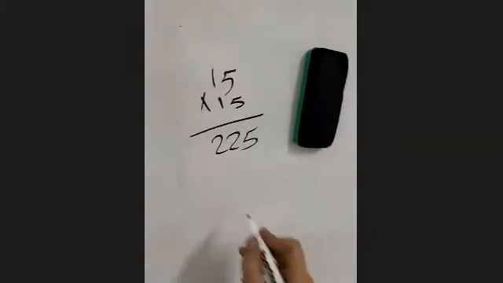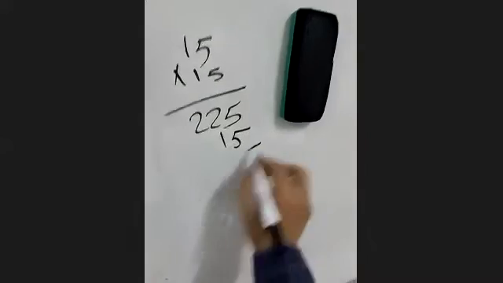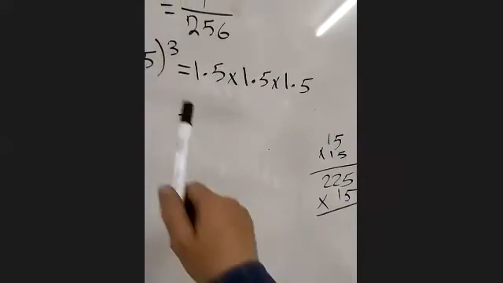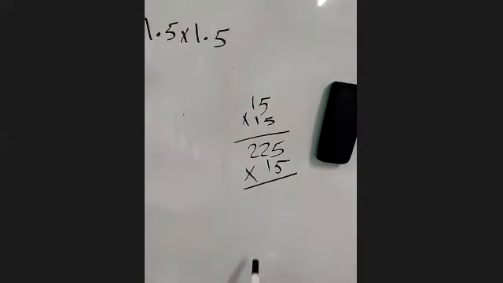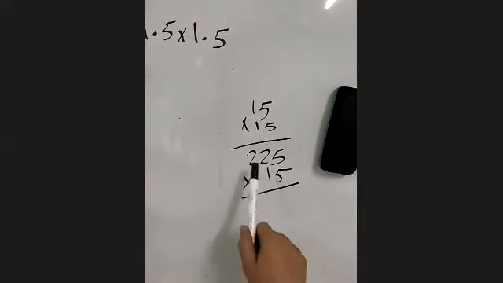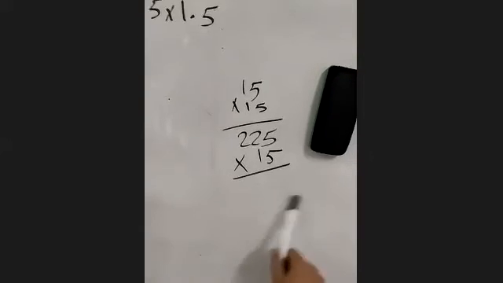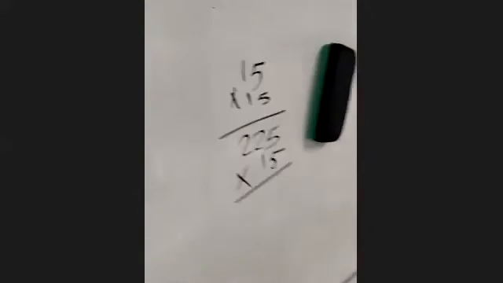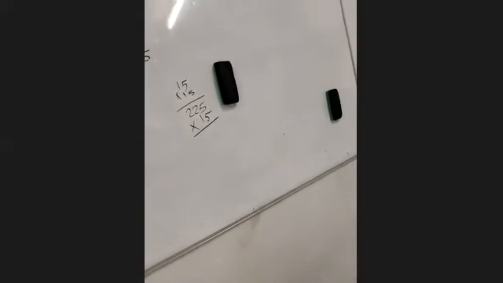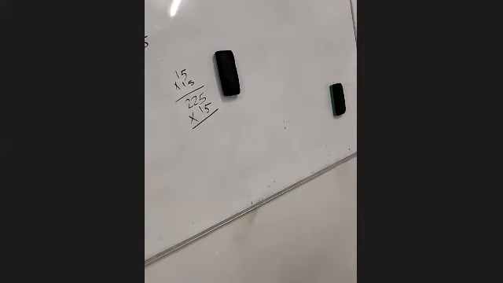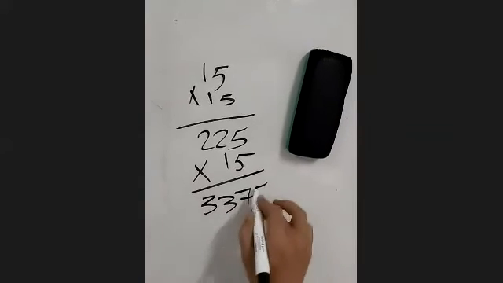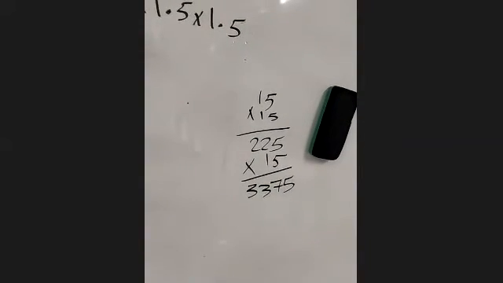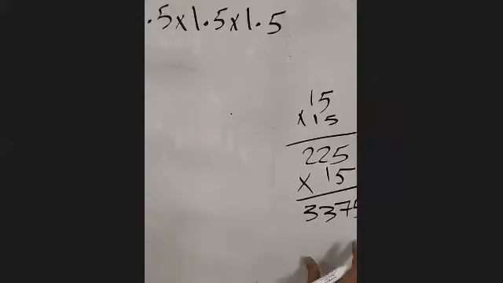So first step, guys, I'll multiply all the numbers without the decimals. Now, if I multiply 15 by 225, what will the answer be, Adnan? 3,375, right? Yes.